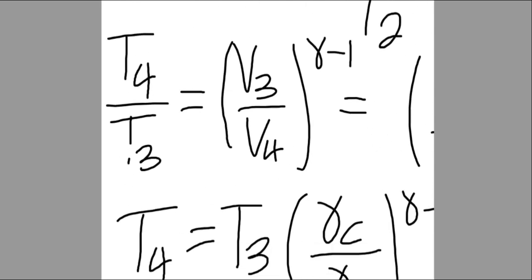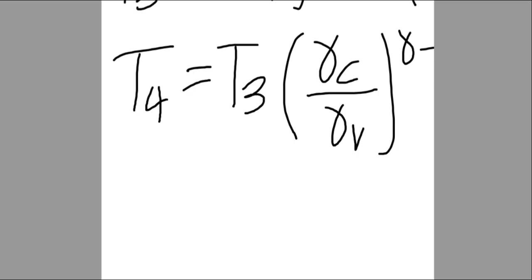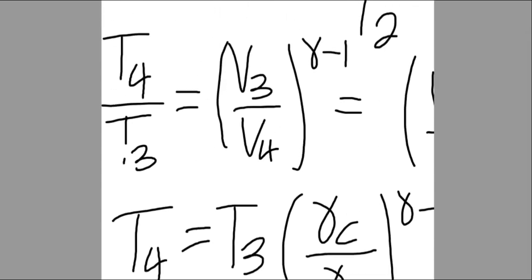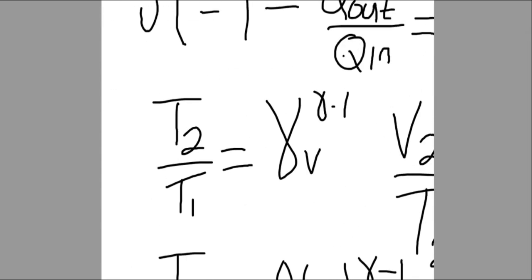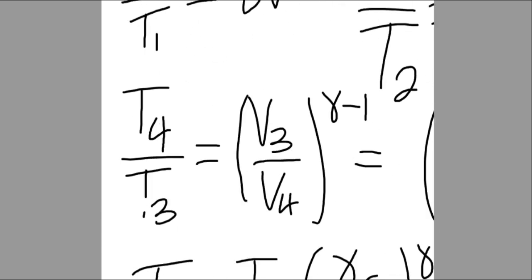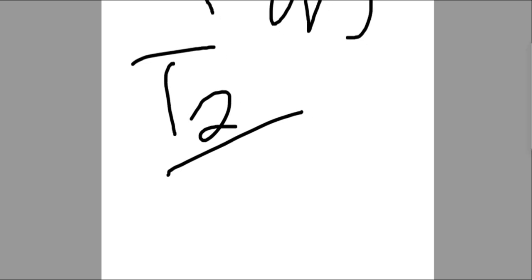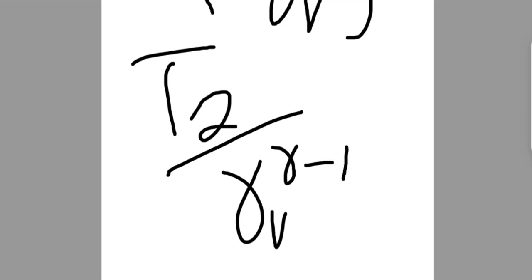We know that our T1 is equal to T2 over the compression ratio raised to power gamma minus 1.